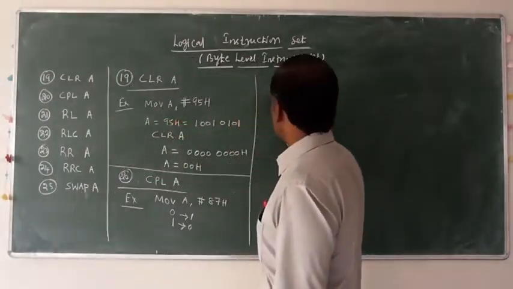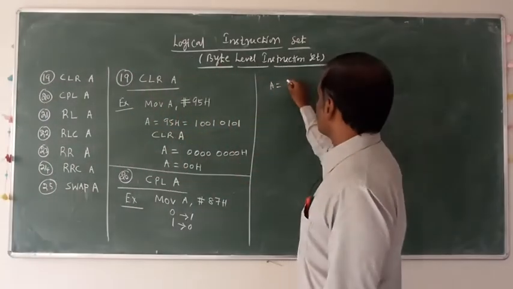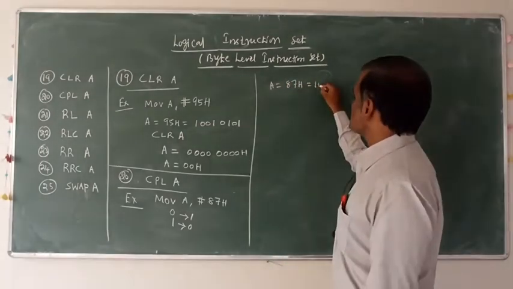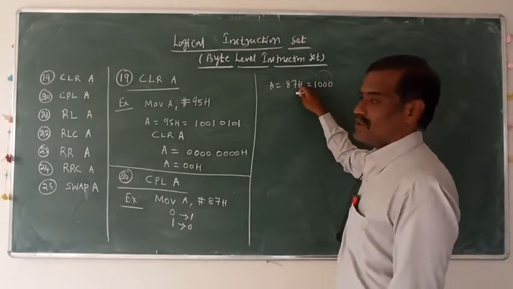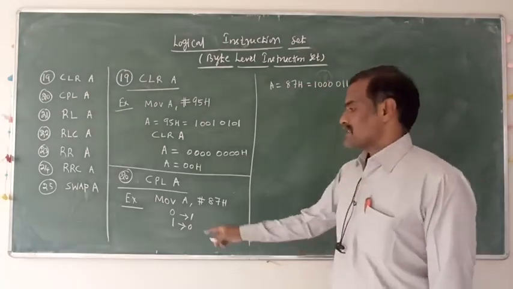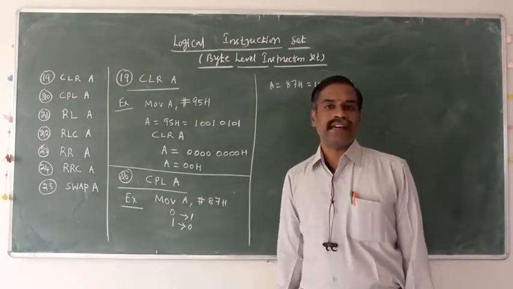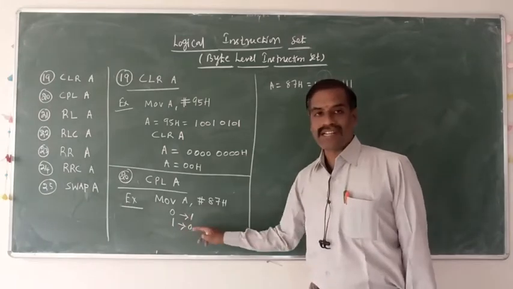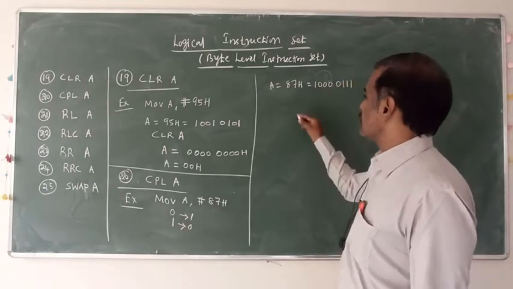Here A register 87H means 1000 and 7 means 0111. Here CPL means complement the accumulator content. 0 changes into 1 and 1 changes into 0.